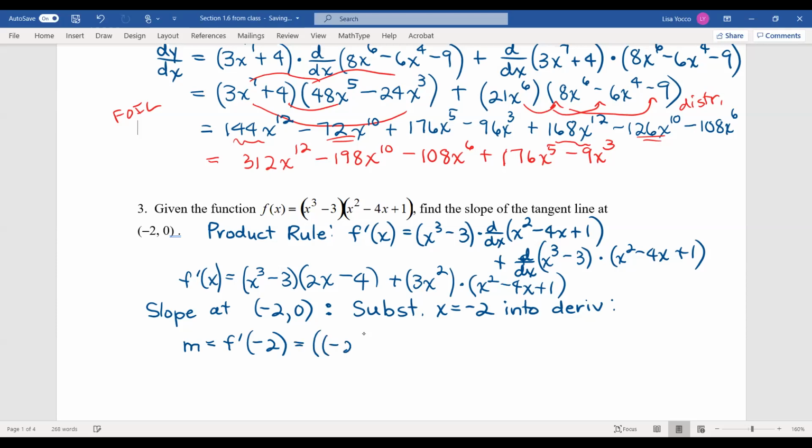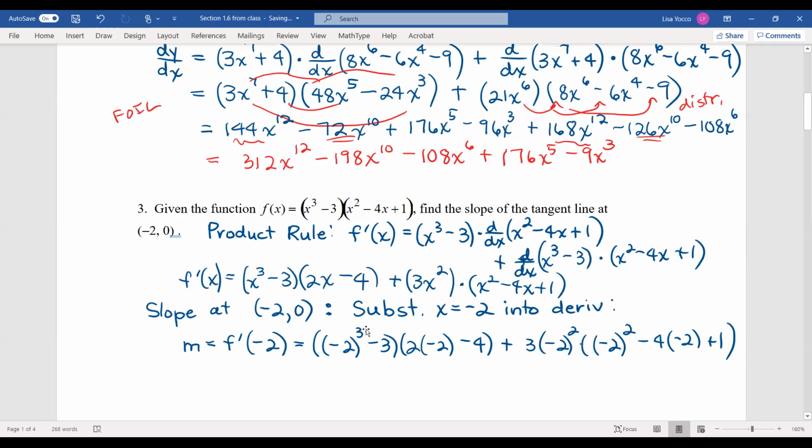All right, so -2 cubed minus 3, times 2 times -2 minus 4, plus 3 times -2 squared. And the last set of parentheses, -2 squared minus 4 times -2 plus 1.